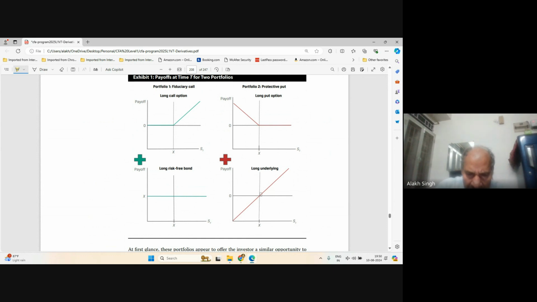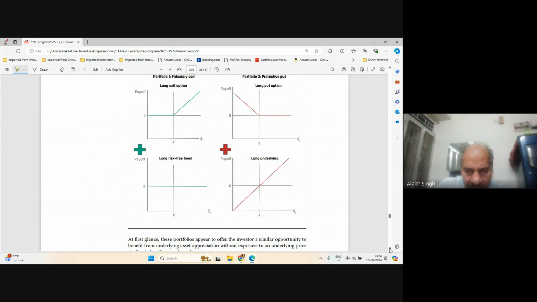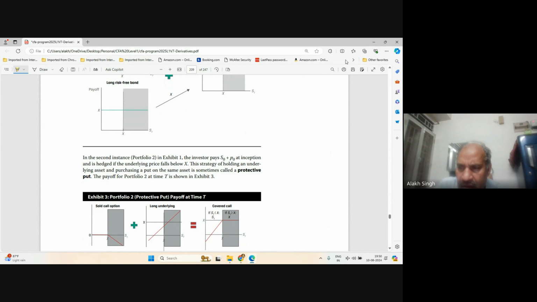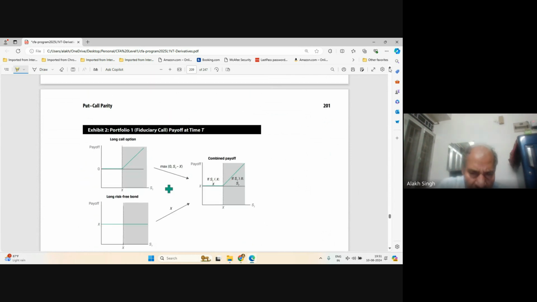And this is the price of the underlying. If it goes beyond the exercise price, then there is a one-to-one relationship in the payoff. When we combine both these, buying the put and buying the stock, it also gives the same payoff as this one.